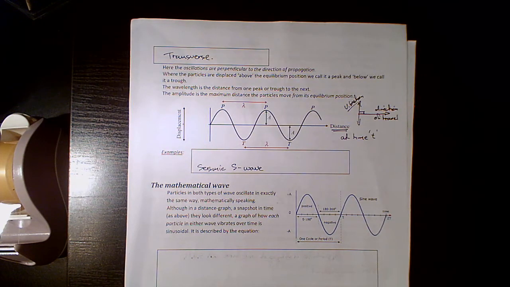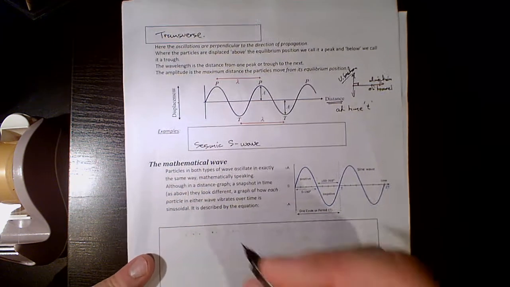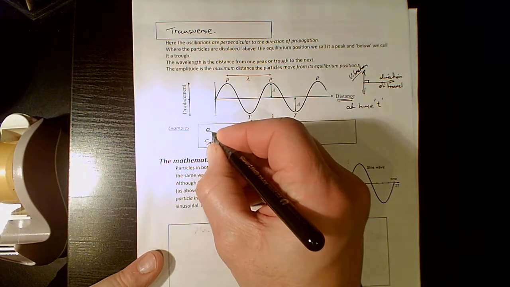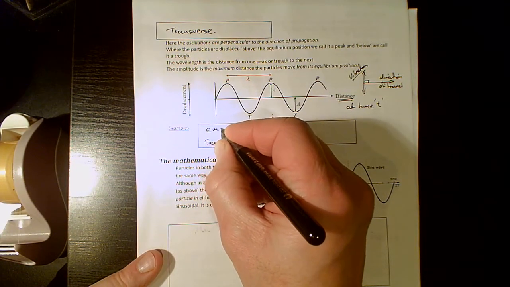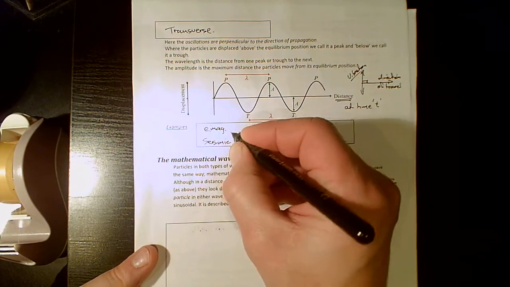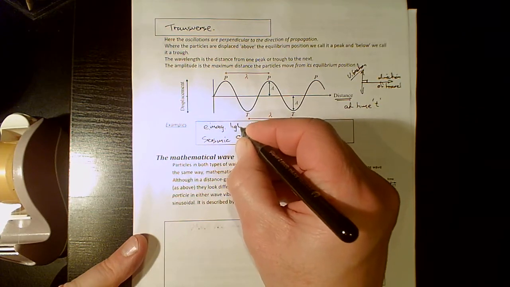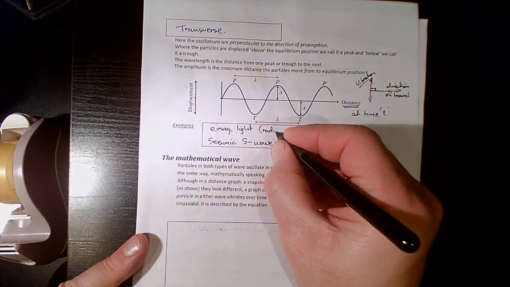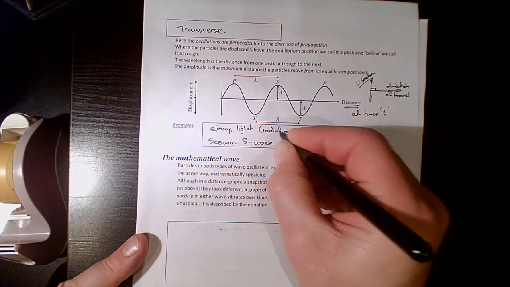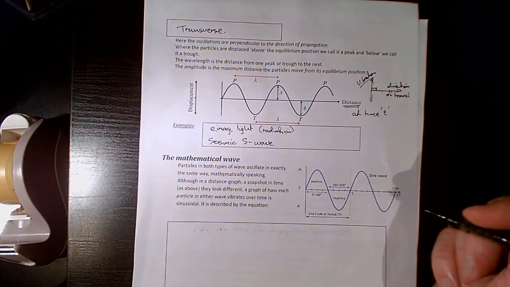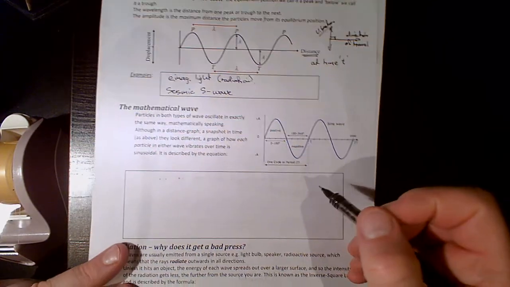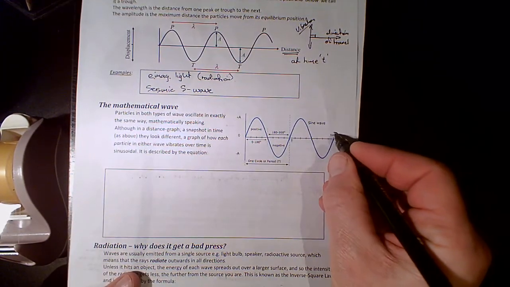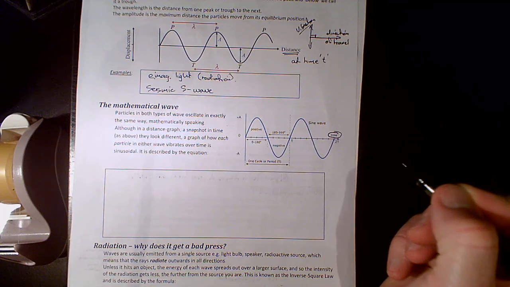The maths is a little bit harder. But the crucial thing, and I'm going to put electromagnetic because that's one we do mostly, so we're going to look at light or radiation, as we will mention, is they all look the same if the axis is for time.